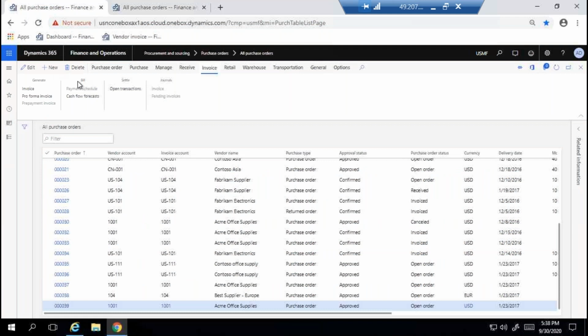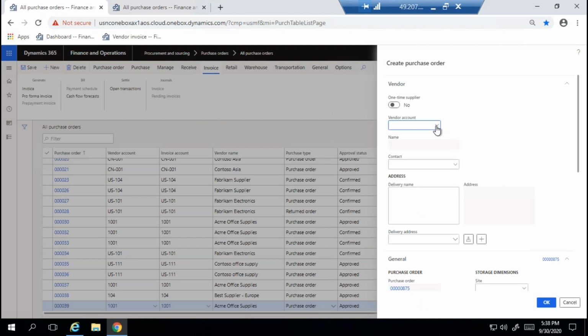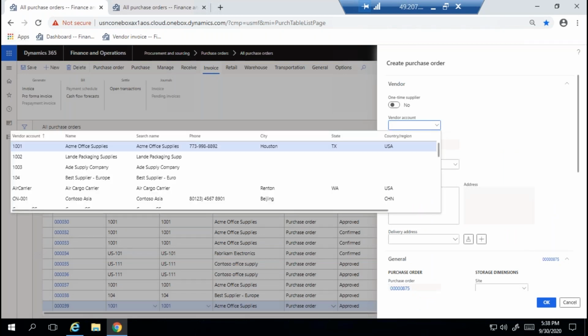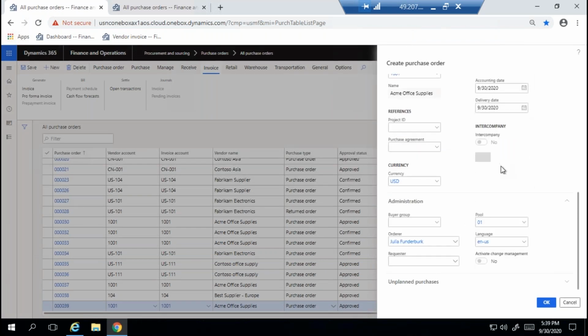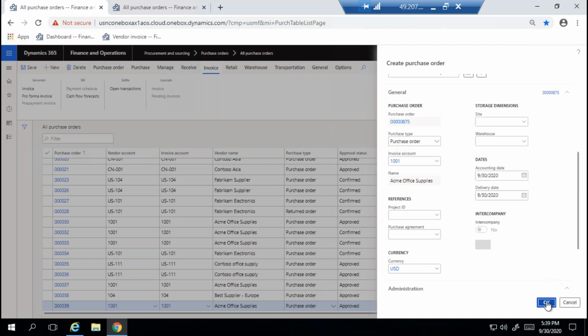Here click new, and you can select the vendor. Click OK.